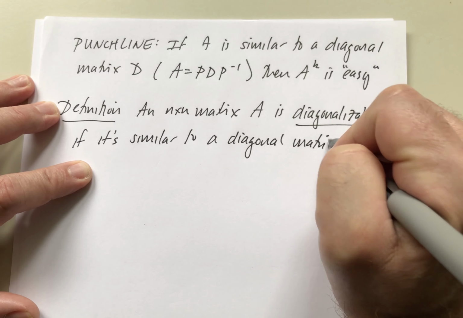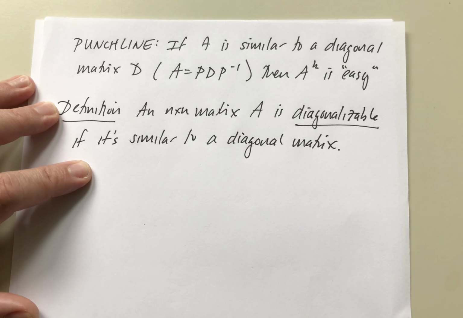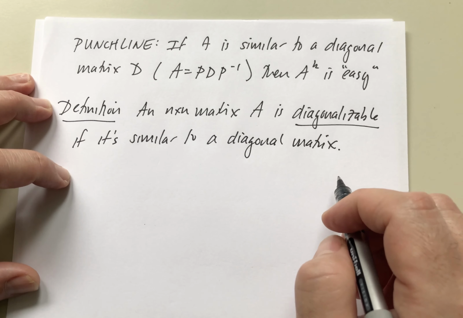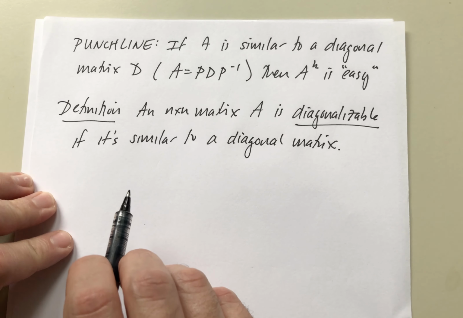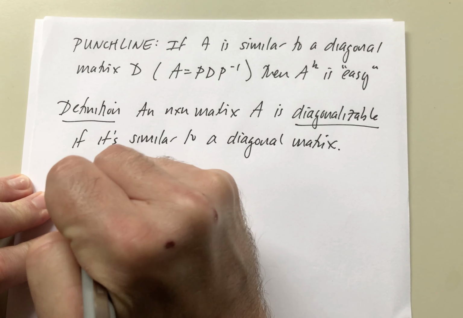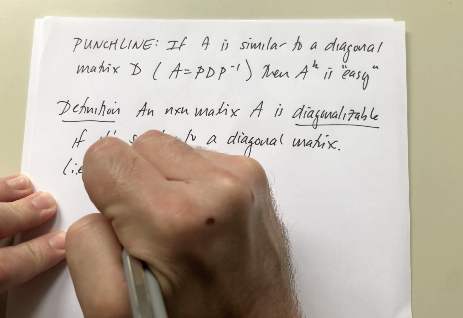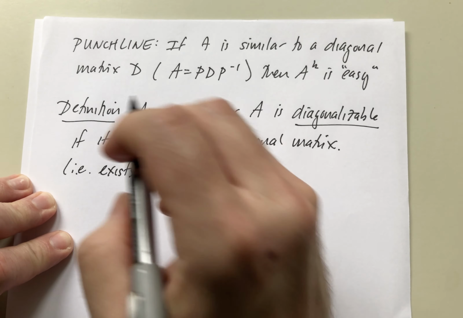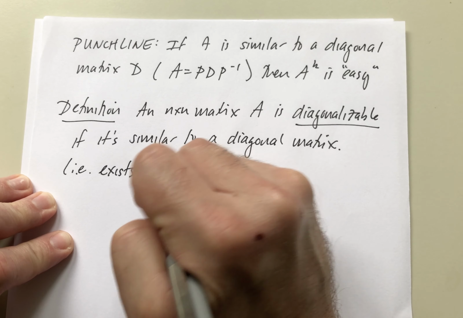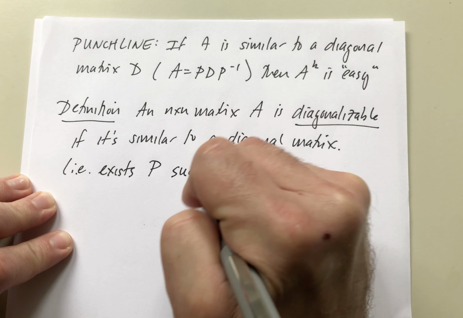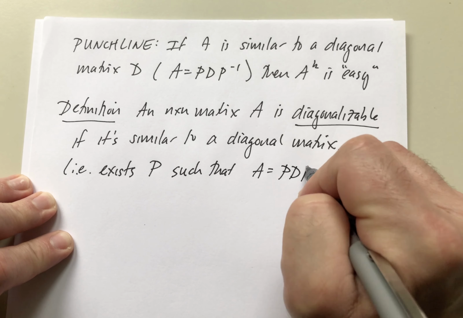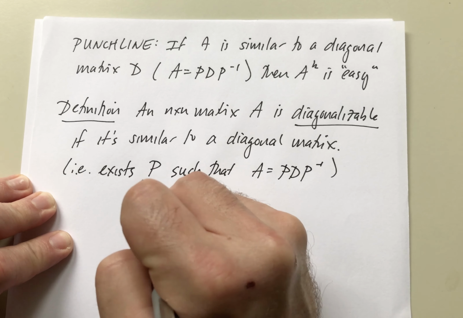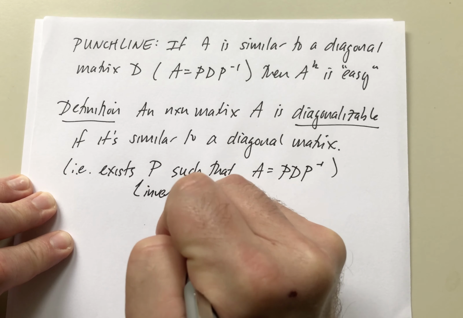This is not always going to be the case, but we'll see that this is something that's desirable, and we'll explore the situations where we do have such a thing. Let me be more precise here. What does it mean to be similar to a diagonal matrix? There exists an invertible matrix P such that A equals P D P inverse. And let me just emphasize, this has to be invertible.